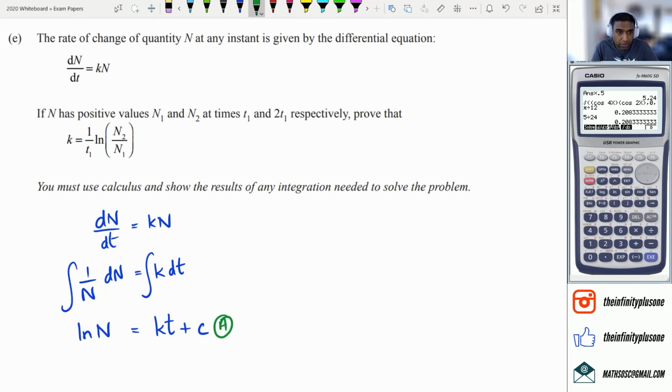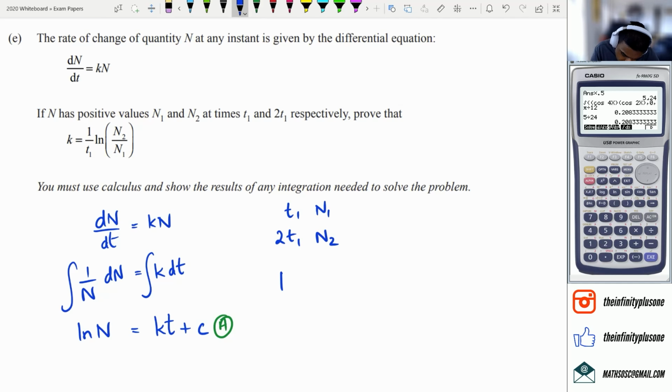Now, if you look at the second part of the question, it says if n has positive values n1 and n2 at t1 and 2t1. In other words, when it's t1 we have n1, and when it's 2t1 we get the value n2. So we just substitute these two values into the equation we got for achieved.